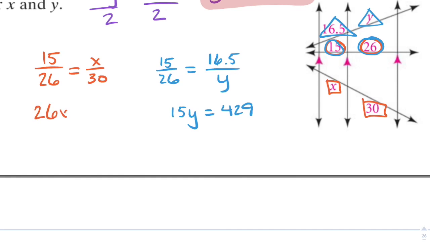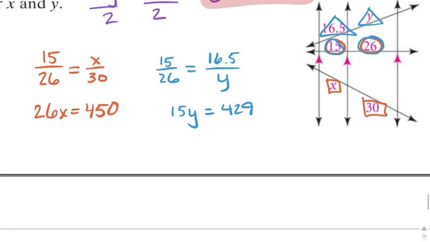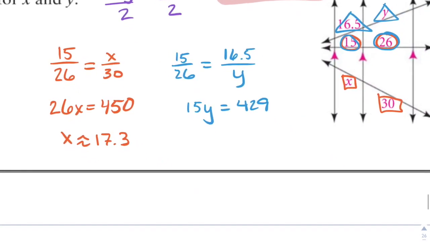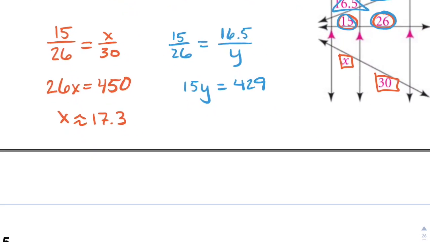So 26x equals 450, and divide that by 26. I get x approximately equals 17.3. That's rounded to the nearest tenth. If I round to the nearest hundredth, it's 0.307, so it'd be 17.31. But I think I'm just going to leave it as to the nearest tenth.